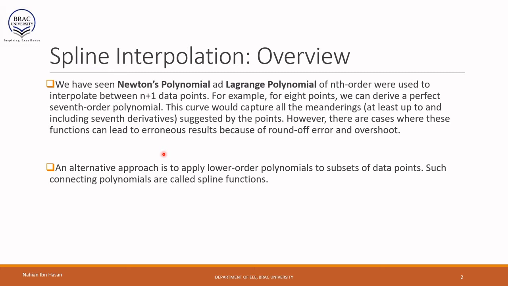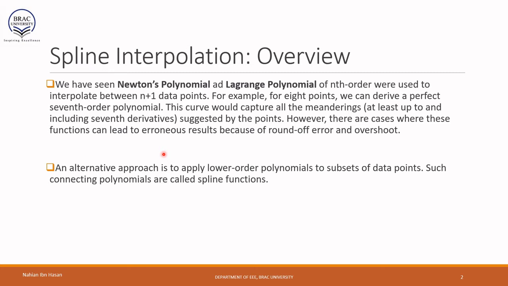But such higher order polynomials sometimes do not give you the proper result. It doesn't mean that you will always get a better result with higher order polynomials. That is not always true, and that's why interpolation polynomials like Newton's or Lagrange are very much erroneous whenever you use a higher order version.